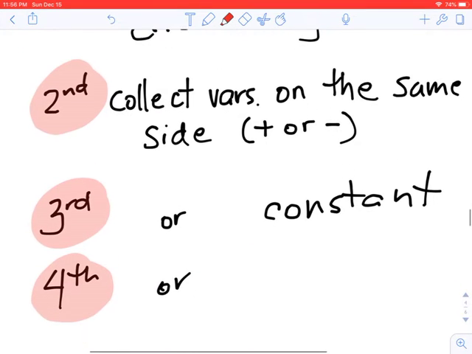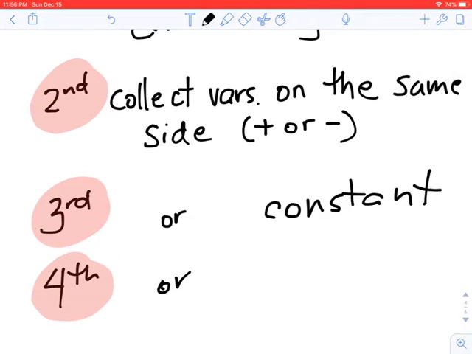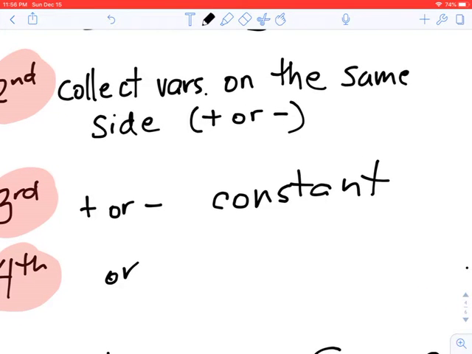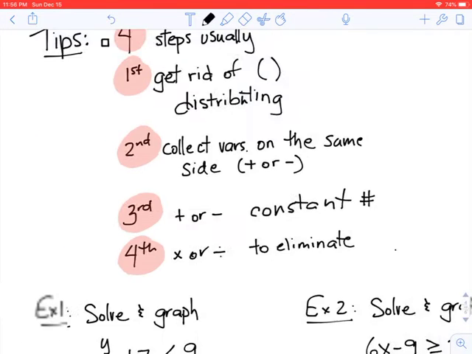Our third step is typically adding or subtracting to get rid of some sort of constant number. And then finally we can multiply or divide to get rid of the multipliers, to eliminate the multiplier. All right, and that should isolate the variable by itself.